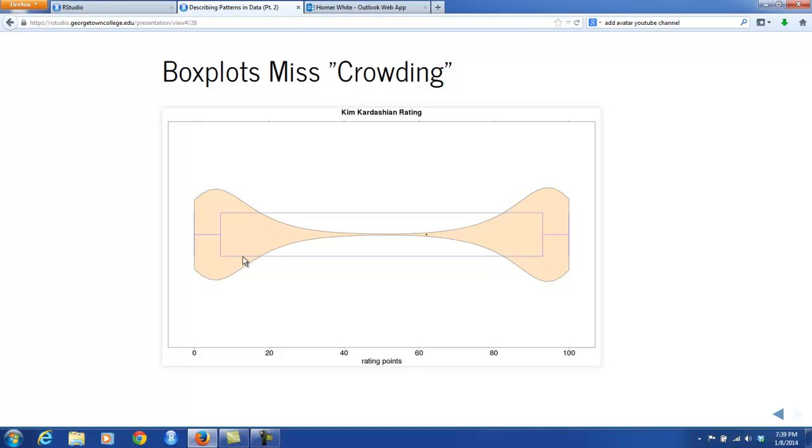Only the violin plot, with its density characteristic, indicates that crowding for us. So this is a good indication that no one graph necessarily is the only right way to display the distribution of a numerical variable, and these combination graphs are often a very good idea.